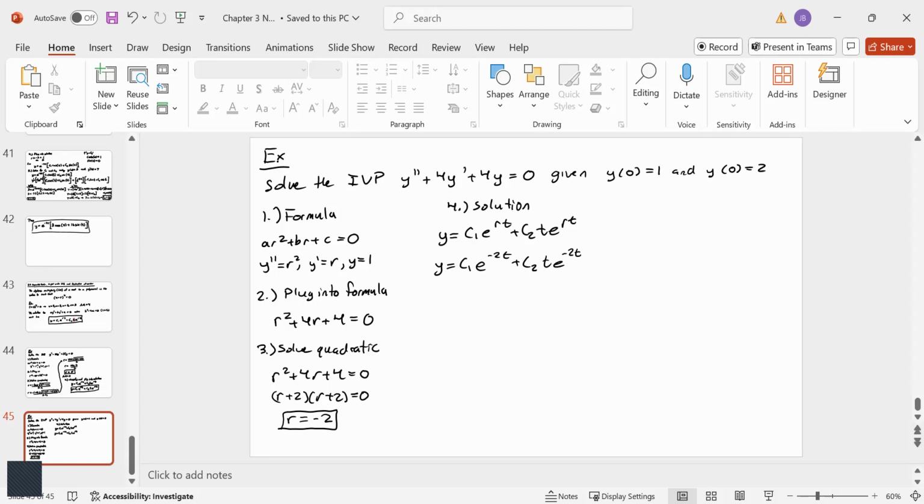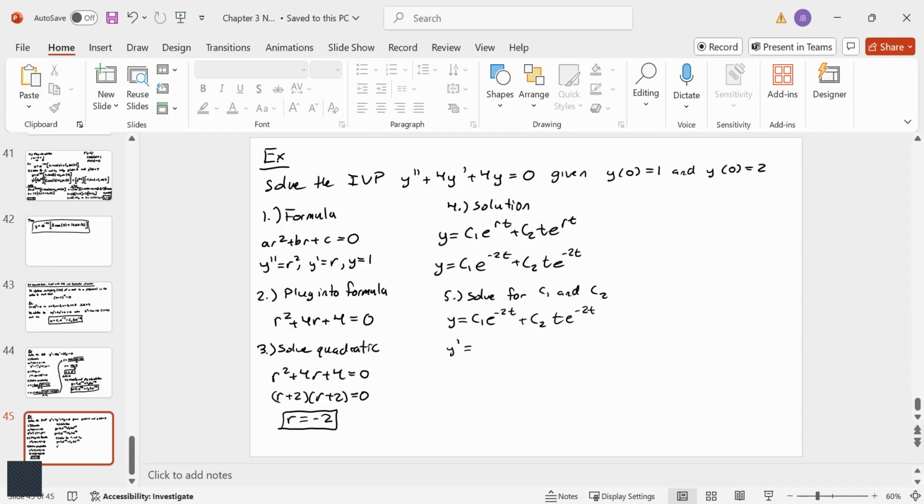Now, the one thing that is kind of annoying about solving for C1 and C2 with this type of problem is that you have to use the product rule. So that will be a thing. So solve for C1 and C2. So y is equal to C1 e to the negative 2t plus C2 t e to the negative 2t.